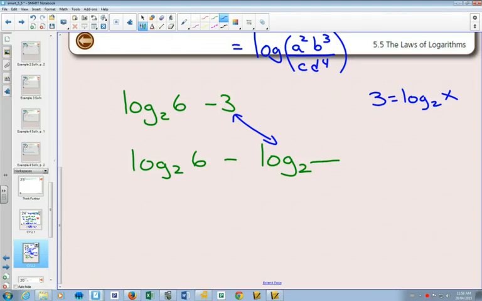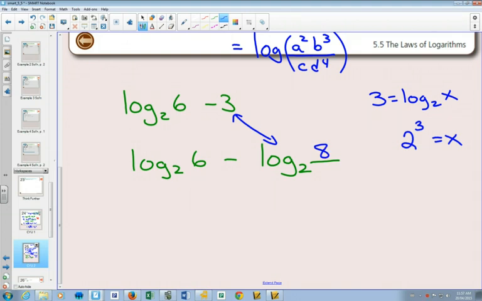And when it's in this form, I'm not used to it. But I can always change a log to exponential form. So in exponential form, well, the base is 2, the exponent is 3, and the answer is x. And now I see, if I look at it this way, could I figure out what x has to be? And 2 cubed is just 8, so I know that there has to be an 8 here.